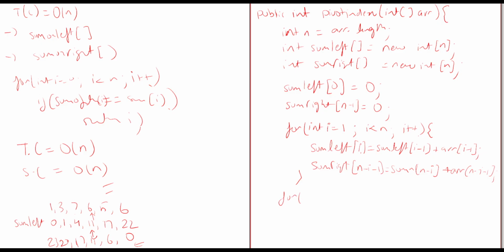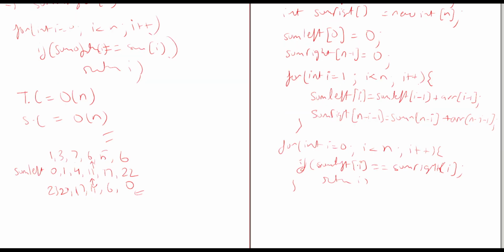Now we will run another loop, int i is equal to 0, i is less than n, i plus plus, if sum on left of i equal to sum on right of i, return i, right, else return minus 1. Done. Solution done.